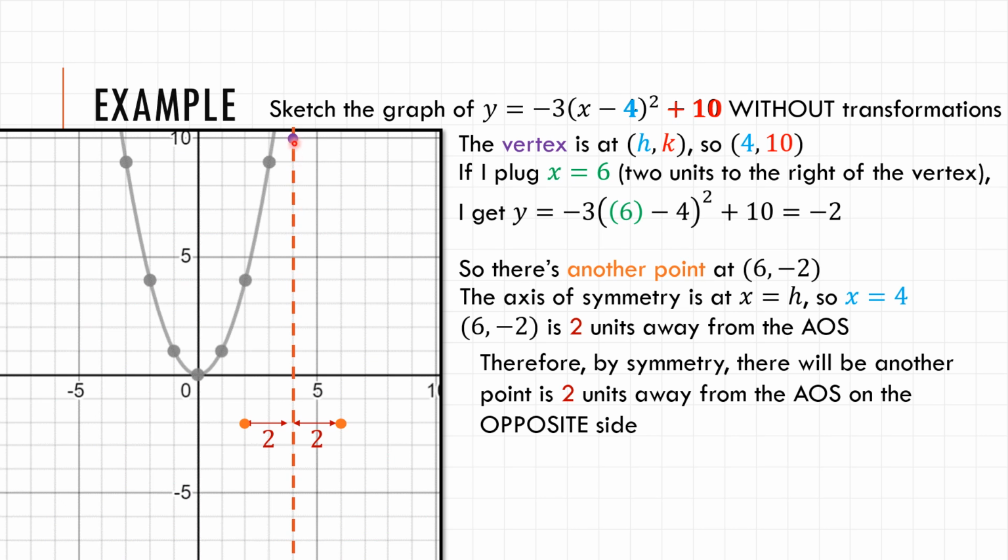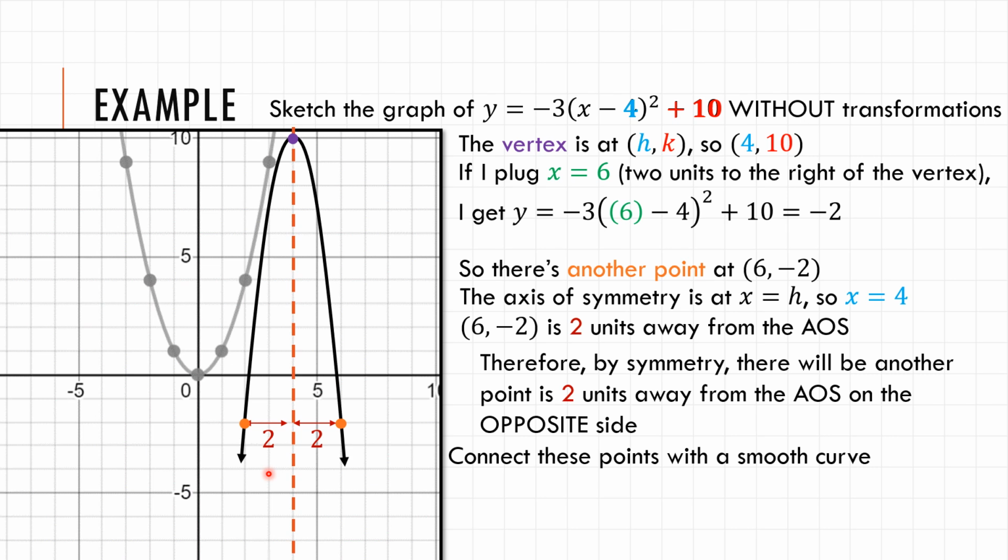So I've plotted my vertex. I've plotted one other point. I've used the symmetry to plot where it would be on the other side of the axis of symmetry. And now I just connect these with a smooth curve. And that's about all you need to graph a parabola. It's a vertex and a couple of other points that are symmetrical.